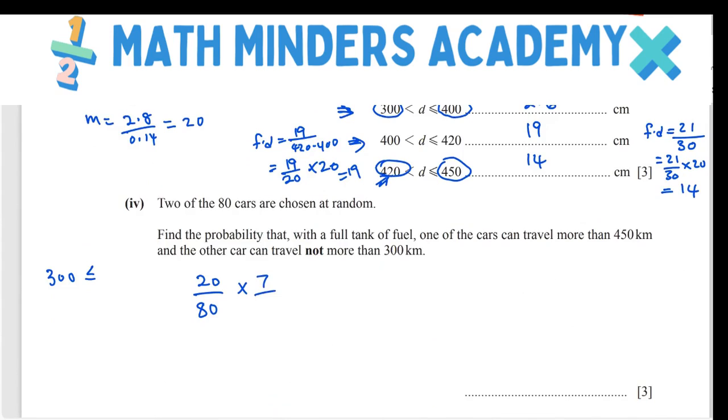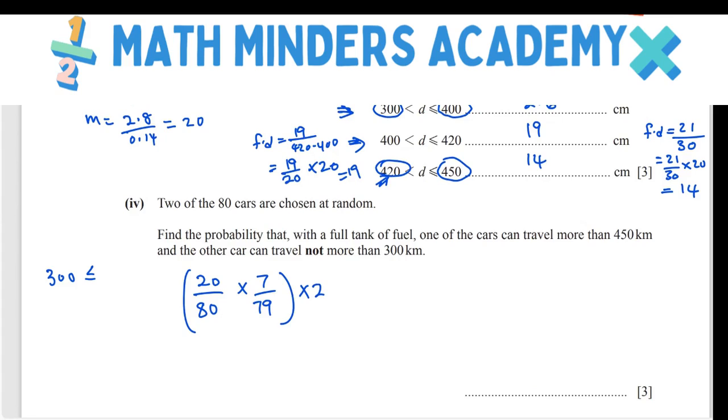So we have 7. But if we are choosing one car out of 80 cars, the second selection will be made from 79 cars. So this is 79 because usually this is without replacement, because we are not told that the cars were returned. Now, this can also be chosen in two different ways. It's either the first is taken, which is 20/80, before the second, or the second is picked at the first, and then the first is picked at the second.